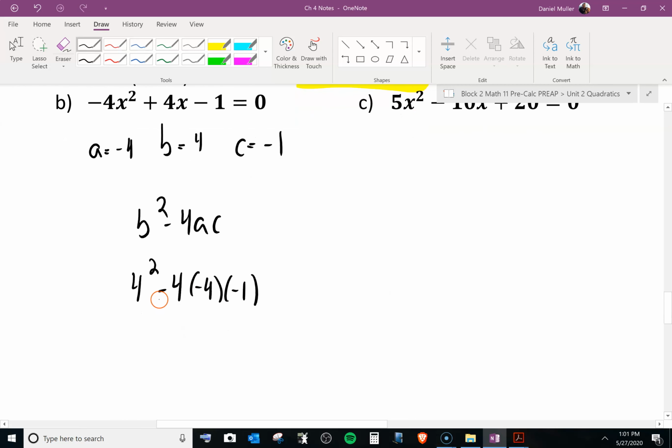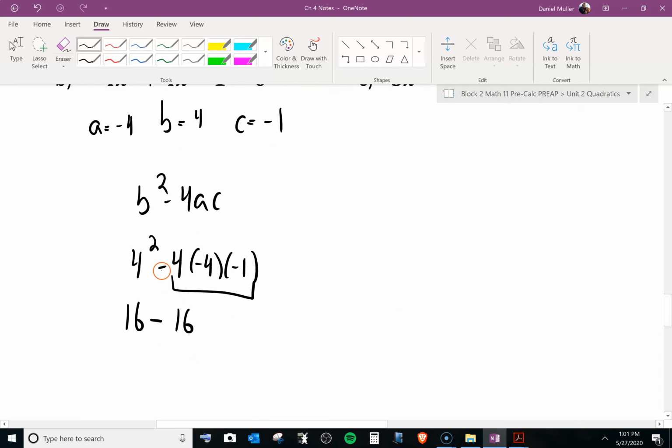Be careful: we have three negative symbols in a row. So 4 squared is 16, minus 4 times negative 4, which is negative 16. Negative 16 times negative 1 is a positive 16. So three negative symbols ended up leaving me with a negative.